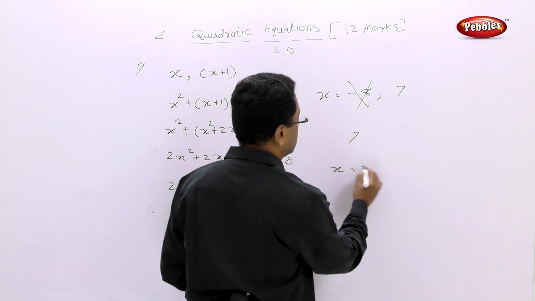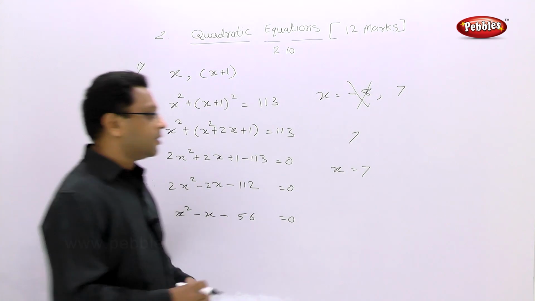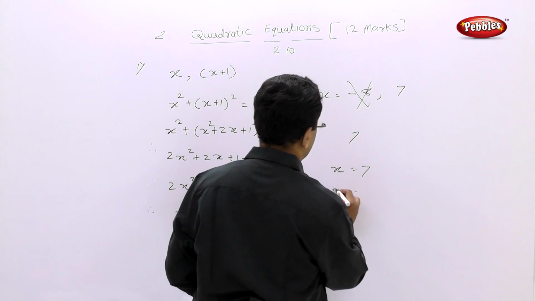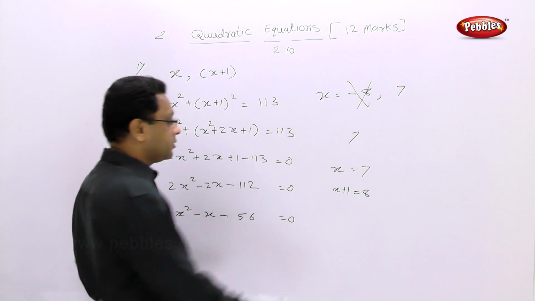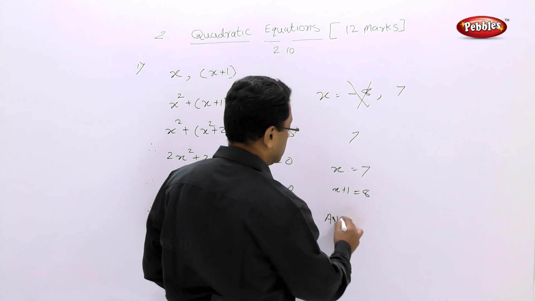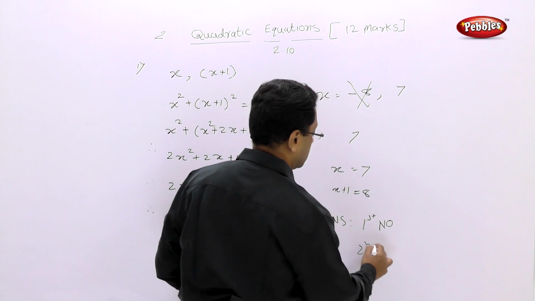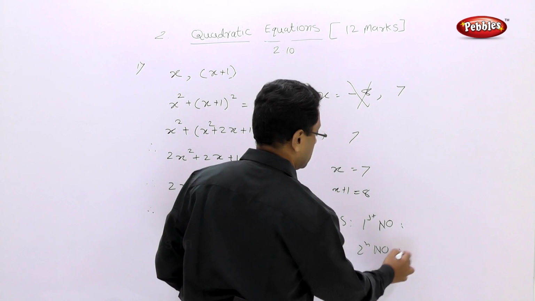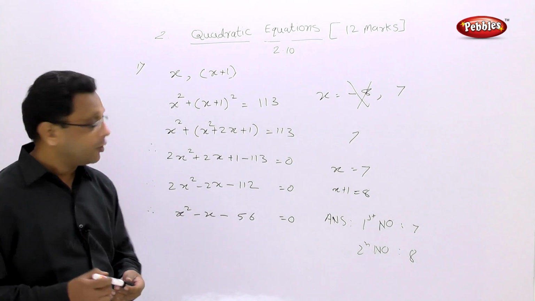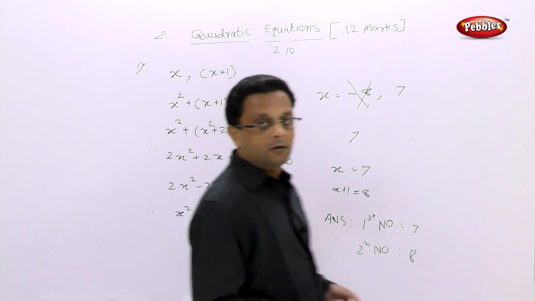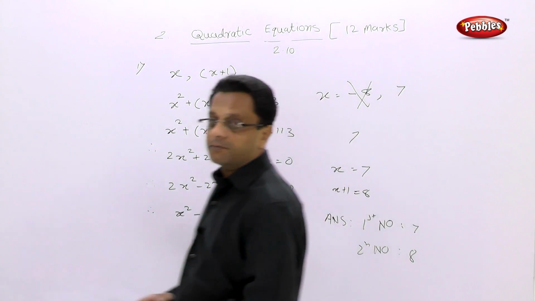So your first number is 7, and as we see two consecutive numbers, the second number is x plus 1, that is 8. While writing the answer, you should write first number, second number, 7, 8. Mind well, there is no unit as we have taken just numbers. So check your answer. Let's move ahead to the second sum.